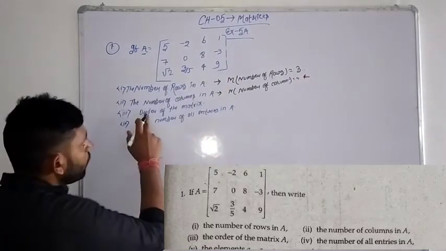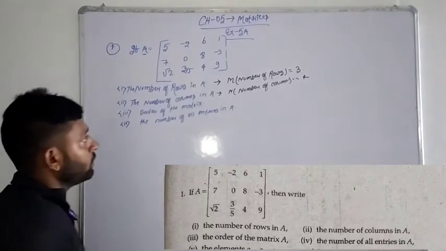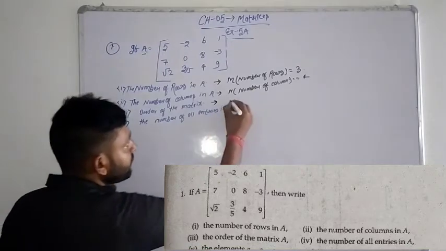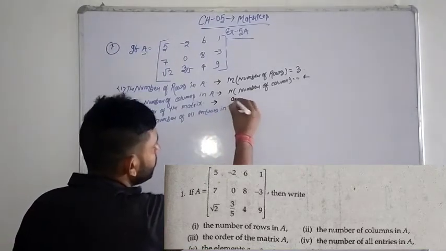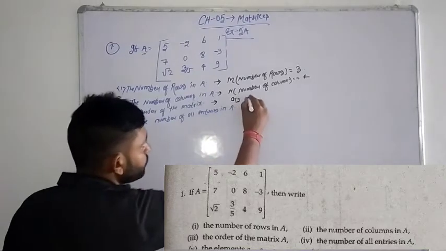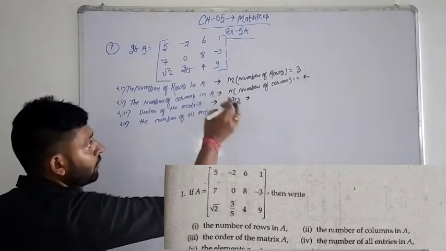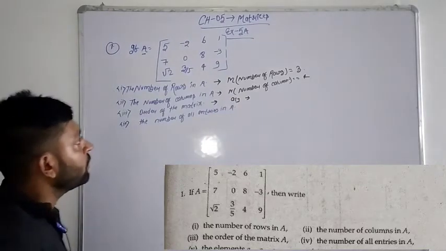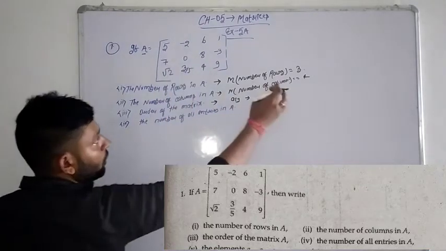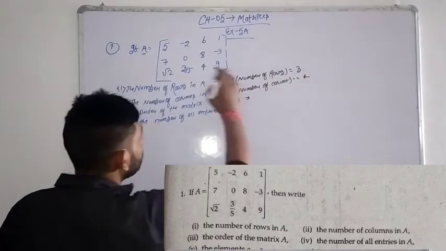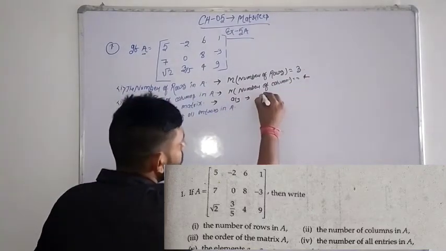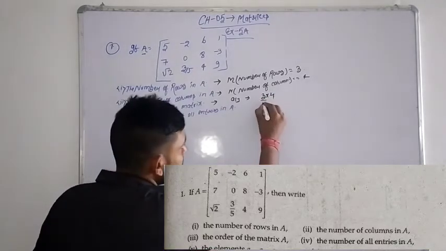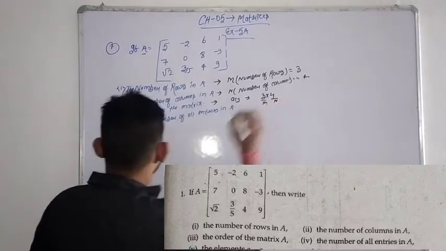Now order of the matrix. Now we already know that the order of the matrix is represented as A_ij, where i is the respective number of row and j is the respective number of column. So 3 and 4. So the order of the matrix is 3 into 4, and 3 represents m and 4 represents n.